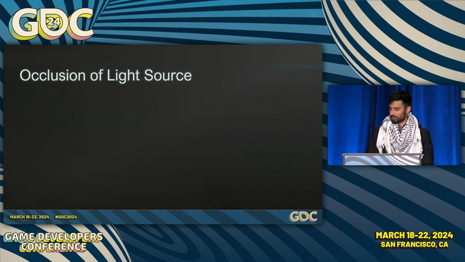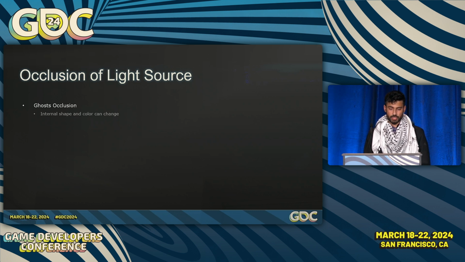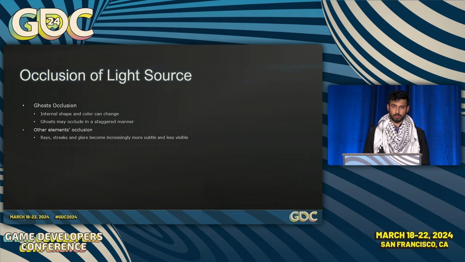So when it comes to the occlusion of the light source, ghosts tend to have the most erratic behavior. Their internal shape and color may change, and they may occlude in a staggered manner as the light source is occluded. As far as the other elements are concerned, they generally tend to become increasingly more subtle or fade out entirely.